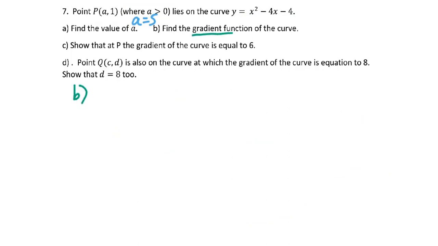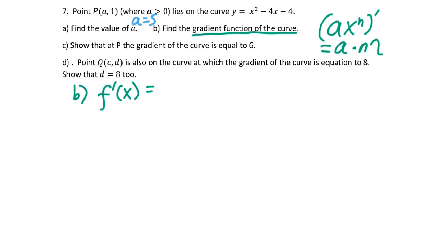Find the gradient function of the curve. Gradient function means the derivative function, so f prime of x. Remember, here's the rule. Drop down minus 1. Therefore, we work on the first term, x squared, that is 2x, minus 4 plus 0.